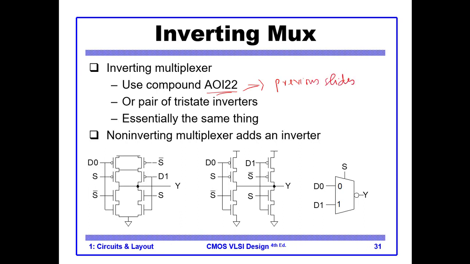So it uses that compound gate, or you can use a pair of inverters. So this is when you implement it with AOI22, and this is if you implement it with a pair of inverters.